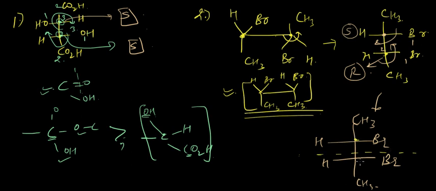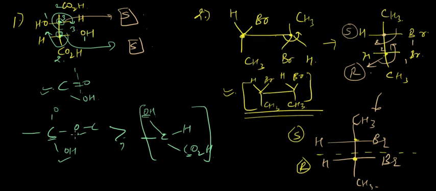The carbon atoms are just mirror images of each other. So obviously they have to be in opposite configuration, as we have seen in the previous video lecture: enantiomers are stereocenters which are mirror images of each other, so if one is R configured, then the other would be S configured.